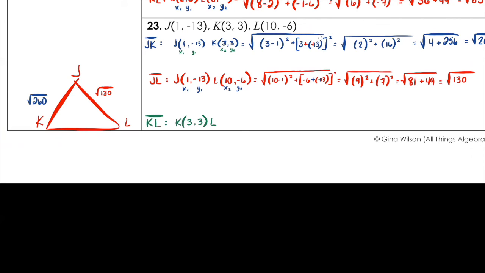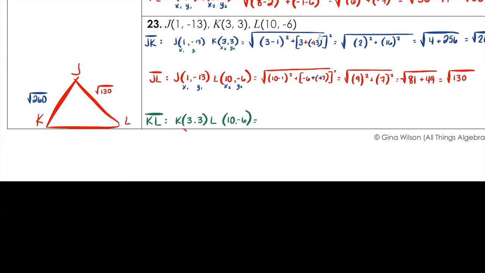Okay, next one. All right, K and L. So K is 3, 3. L is 10, negative 6. So X1, Y1, X2, Y2.